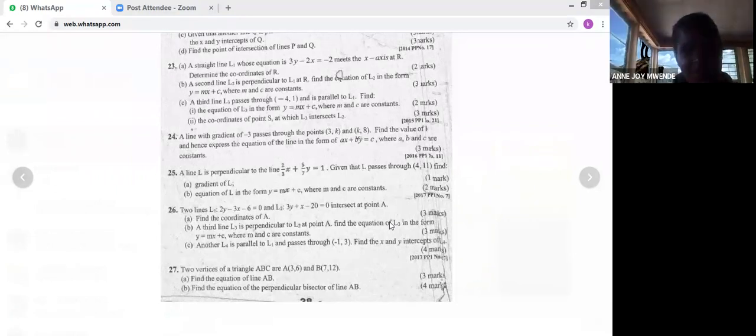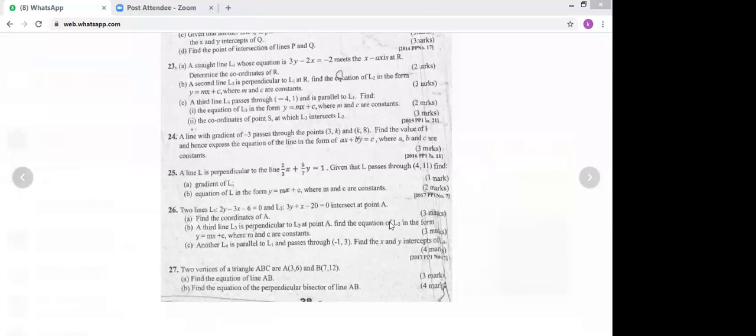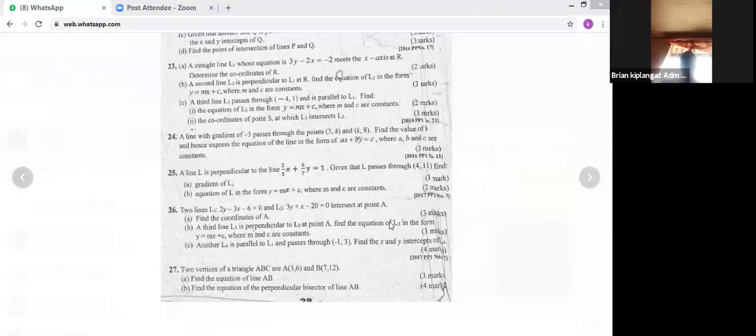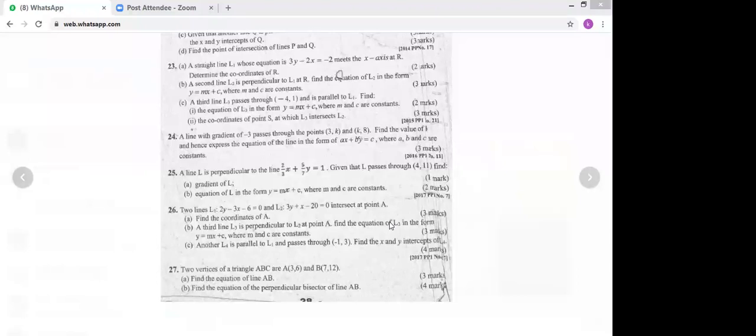Can you explain what you have done? We've been told the equation is in the form ax + by = c, where a and b are constants. Line P is perpendicular, so we change the gradient from 3 to the negative reciprocal, -1/3.